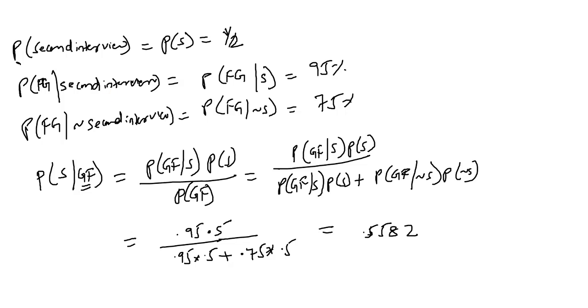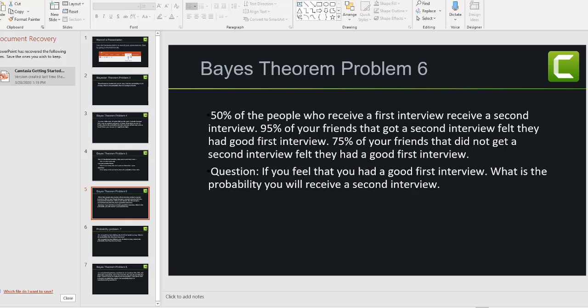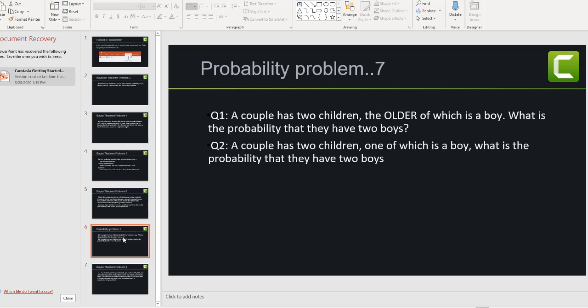Okay, let's look at one more problem. This is not really a Bayesian problem, but we can look at how to solve it. A couple has two children. The older one is a boy. What is the probability that they have two boys?